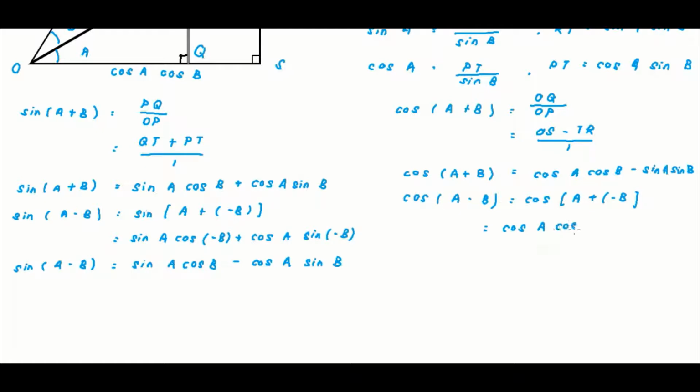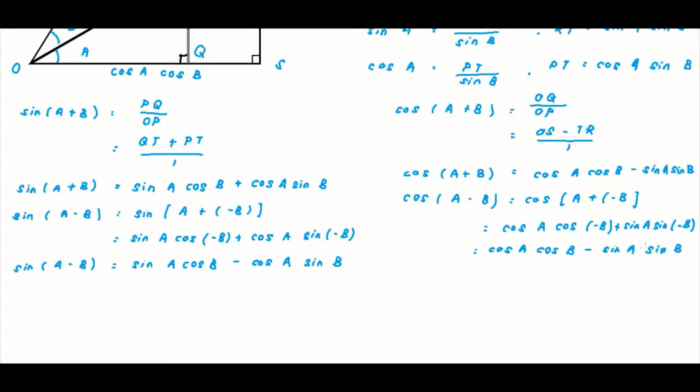So cos A cos negative B plus sine A sine negative B. Okay, so same thing just now. Negative B fourth quadrant cos give you positive, so that's why cos A cos B. And then plus, it should be minus because fourth quadrant sine give you negative, so that's why minus sine A sine B.